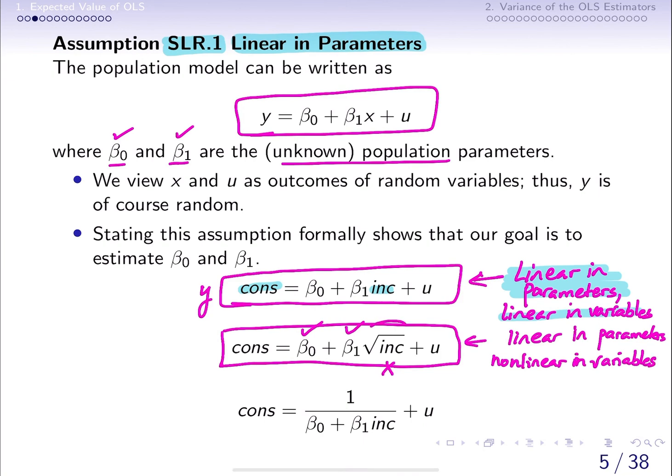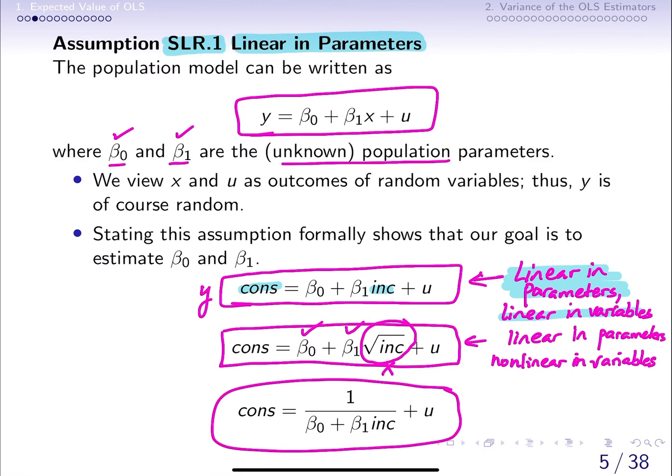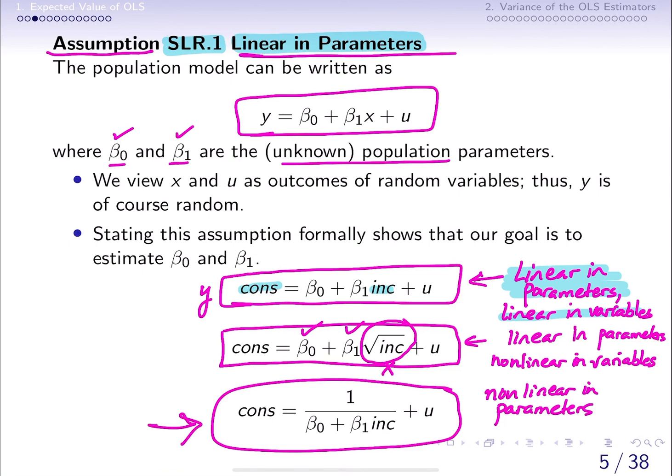So this is a nonlinear function, a square root, right? So whatever x is measured in, we're basically taking the square root of that, right? So it's displaying a nonlinear relationship between x and y. Let's take a look at this last equation right here. This is nonlinear in parameters. So if we had written out a model like this, it is going to violate this assumption of linearity in parameters.